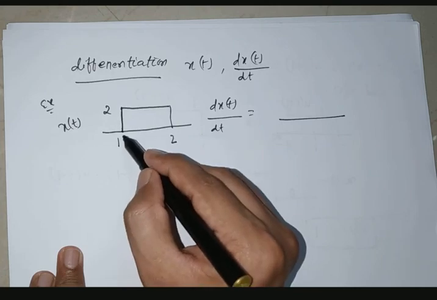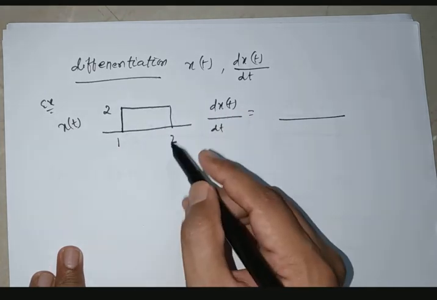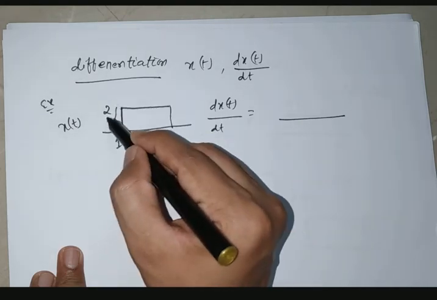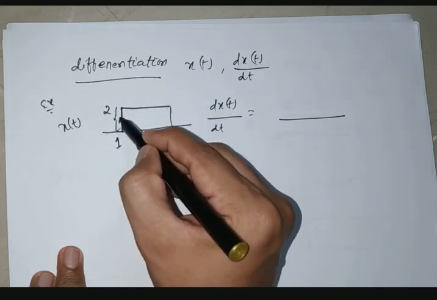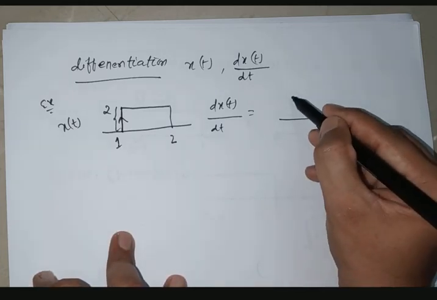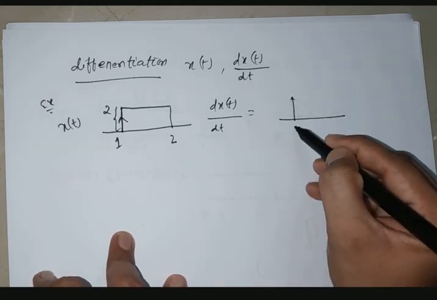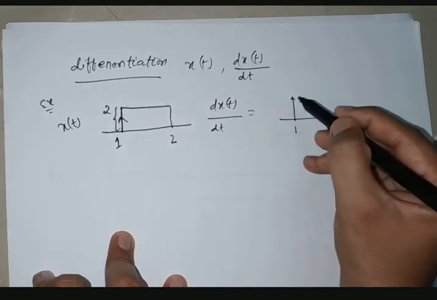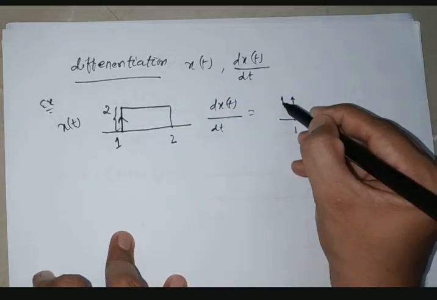Exactly at point 1, I am not saying 1 plus or 1 minus. So exactly at point 1, the difference is 2 minus 1, it is 1, and it's moving in the up direction. Okay, so we can do it like this. Exactly at point 1, it's moving up and the difference is 2, meaning the difference from 1 to 2. So it is 1.